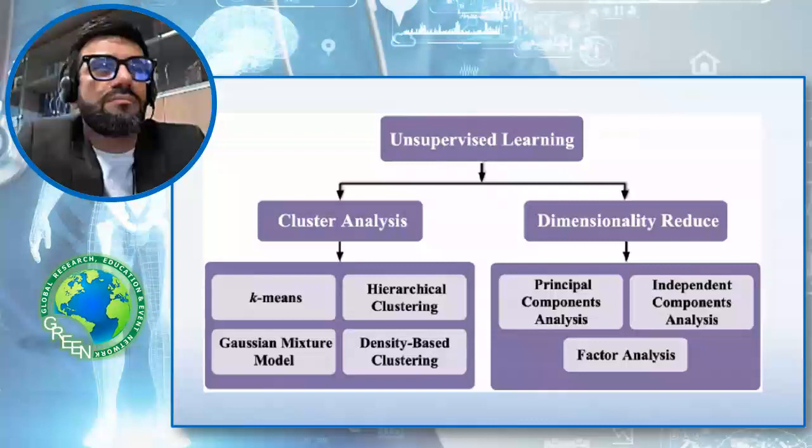About hierarchical clustering, it is another method that builds a hierarchy of clusters by either merging or splitting existing clusters. And the Gaussian mixture model assumes the data is generated from a mixture of several Gaussian distributions with unknown parameters.